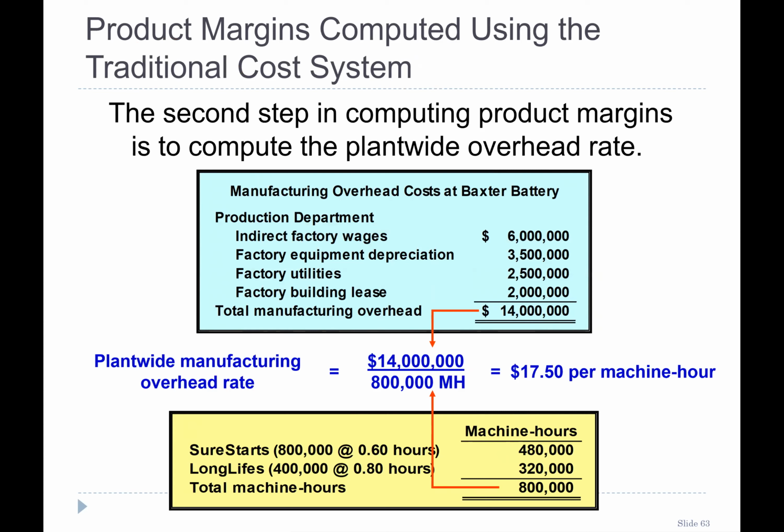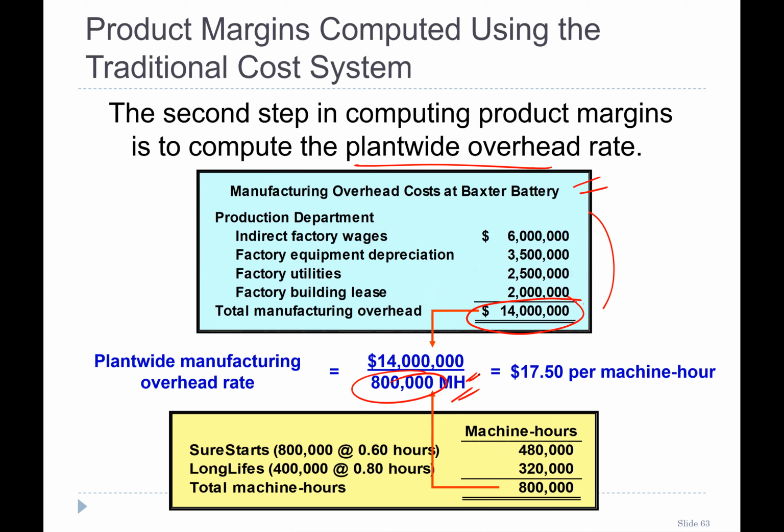So in order to calculate the manufacturing overhead, you add all the manufacturing overhead. So total manufacturing overhead is 14 million. So you divide with 800,000 machine hours, which is already given at the start of this chapter, that they have used 800,000 machine hours. So if we use the plant-wide overhead rate, the job order costing rate, we divide manufacturing overhead with cost driver.